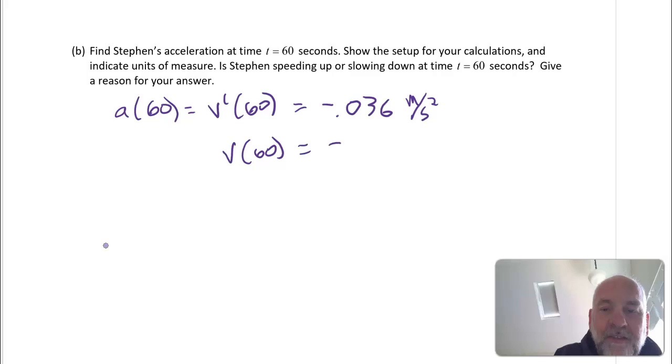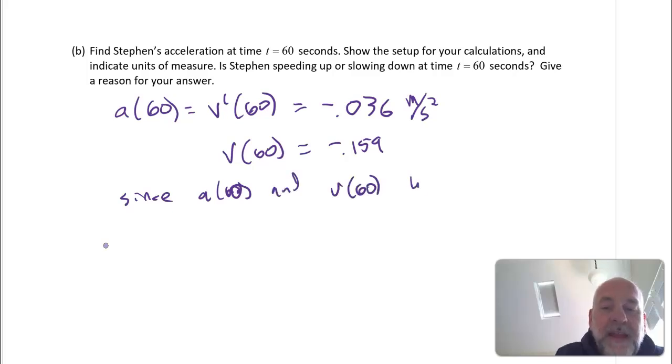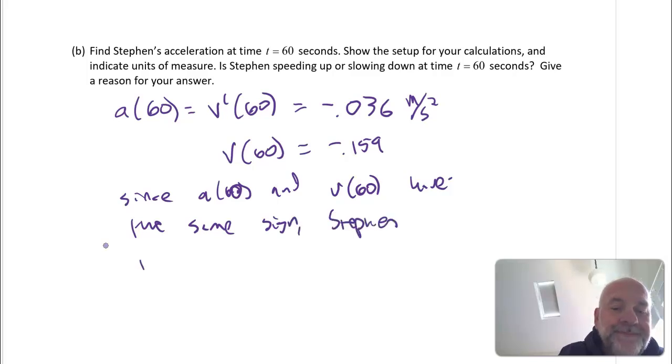This is not part of the answer, so it doesn't matter what I round to. I just needed to know that it was negative. So since a of 60 and v of 60 have the same sign, Stephen is speeding up.